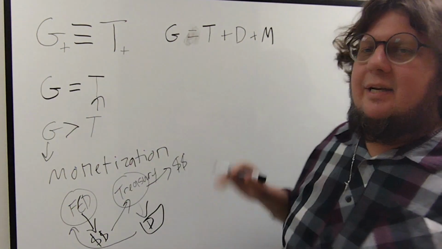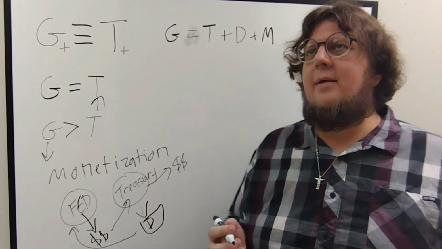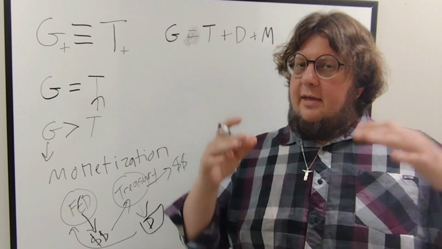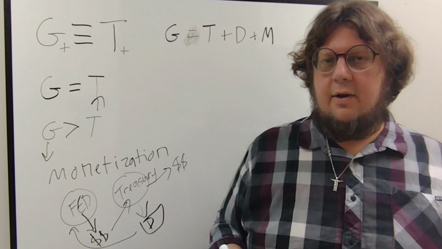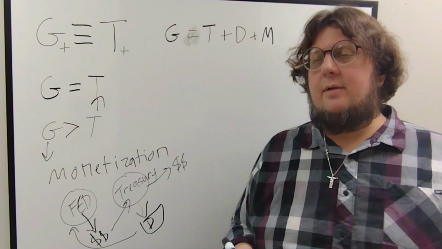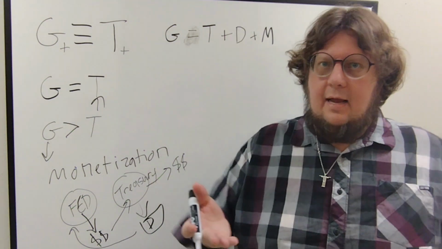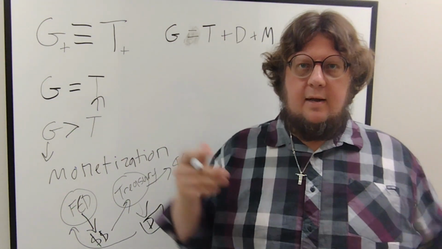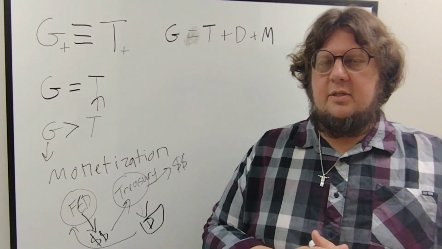Now, monetization can have both positive and negative effects on the economy depending on a lot of different factors. If the economy is in trouble, if there's a slowness in the economy, a crisis going on, printing money can actually be a positive thing because it helps shore up the economy. Maybe private businesses are not spending, and so the government comes in and is spending, and they're using printed money in order to do that.